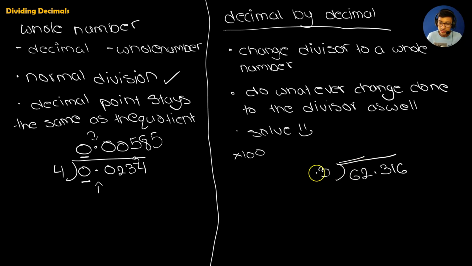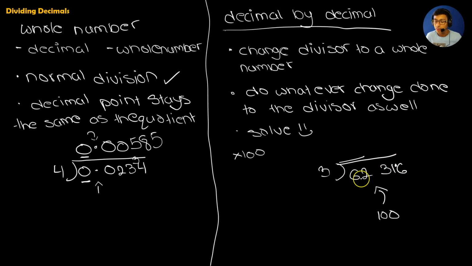We multiplied 0.03 by 100, so we need to multiply 62.316 by 100 as well. Once, twice, so the decimal point goes there.